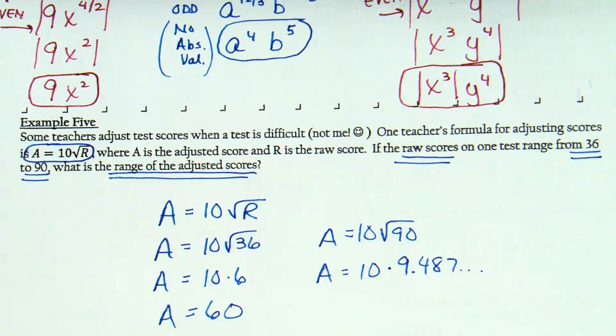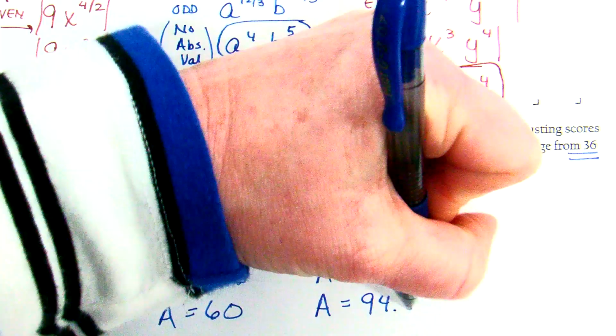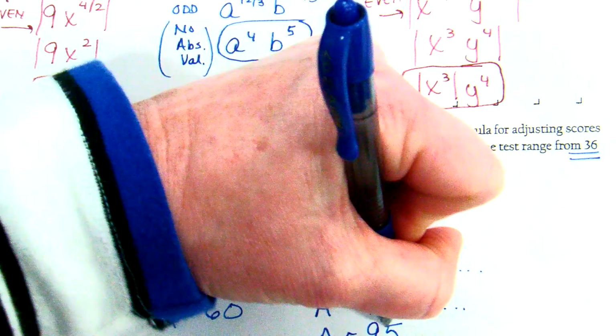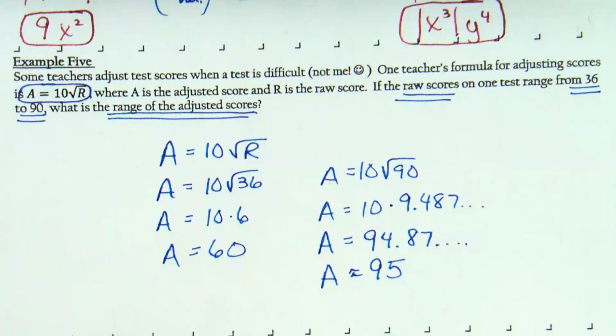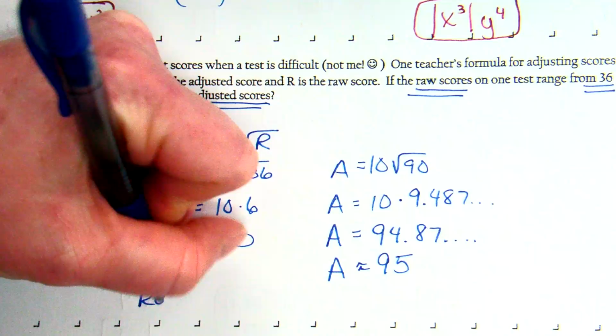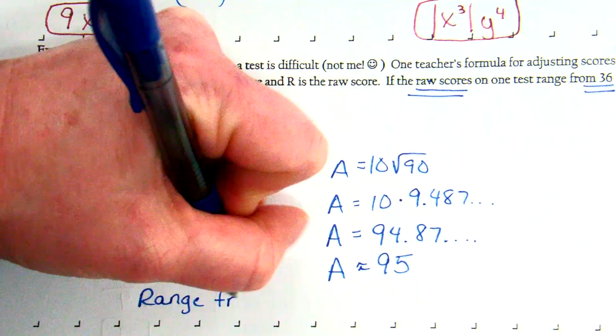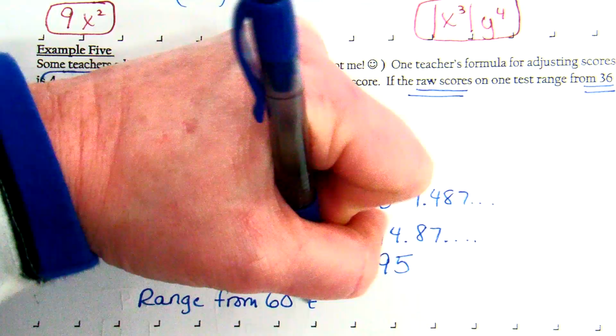If we multiply 10 times this 9.4 number, 94.87..., which if we go to a whole number is approximately 95. So we have a new range, and this range is from 60 to 95.